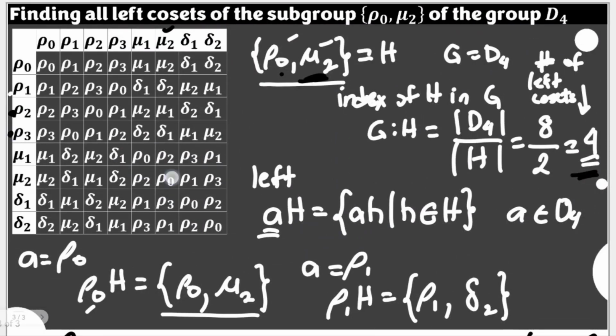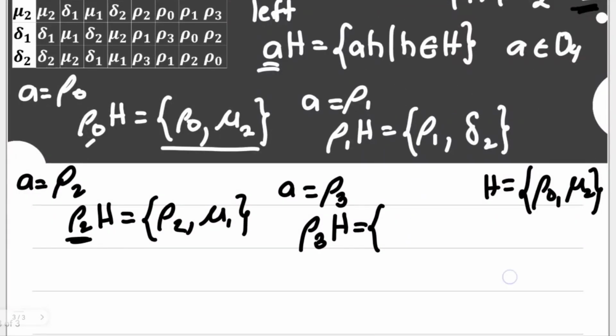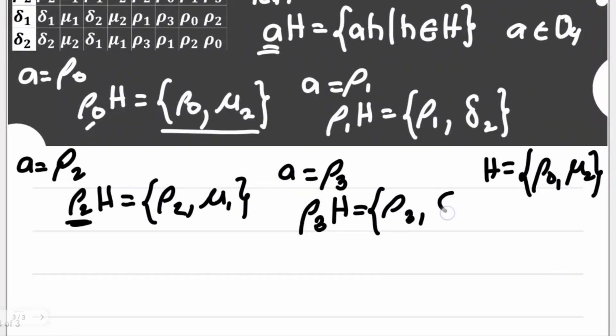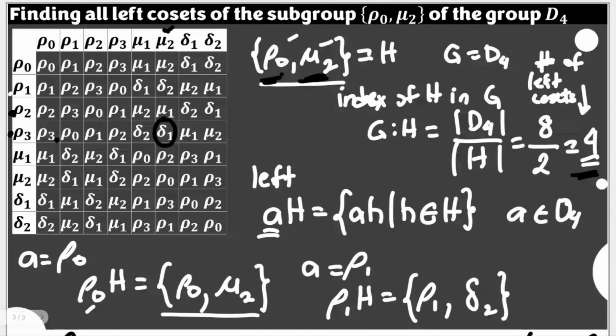Rho sub 3 operated by rho sub 0, you have this result, rho sub 3. Then rho sub 3 and mu sub 2 here, you will have delta sub 1. So you have here delta sub 1. So we already have 4 left cosets. It should be completed already because we are sure that there are 4 left cosets because of this index of H in G, right? But let's just simply continue.